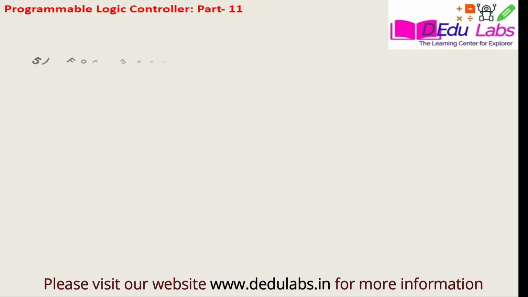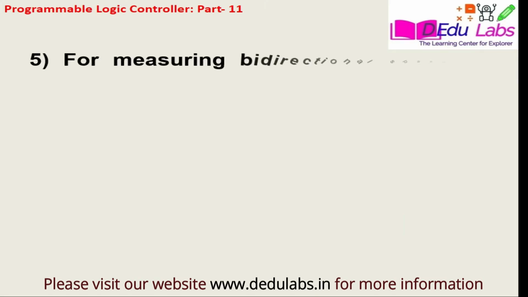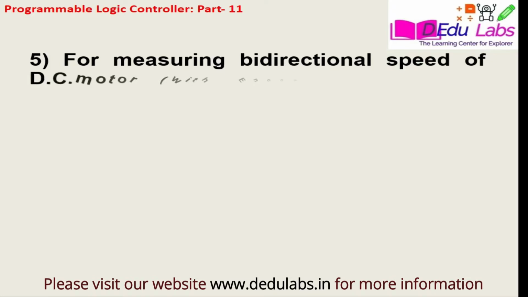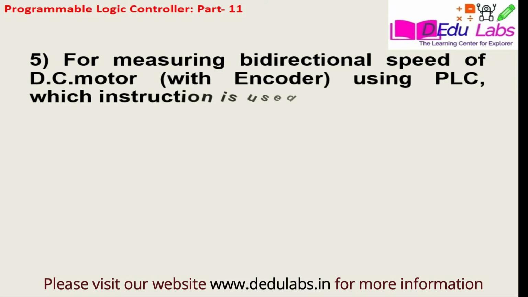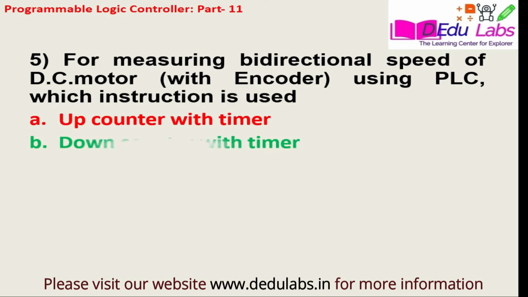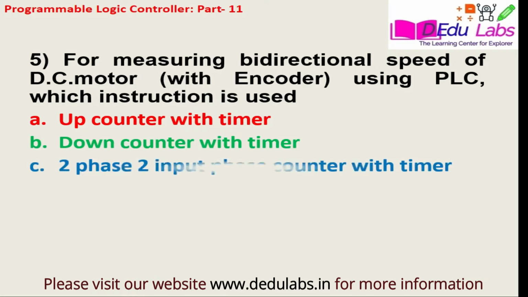Question number 5. For measuring bidirectional speed of the DC motor with encoder using PLC, which instruction is used? Option A up counter with timer, option B down counter with timer, option C two phases two inputs counter with timer, and option D all of these.